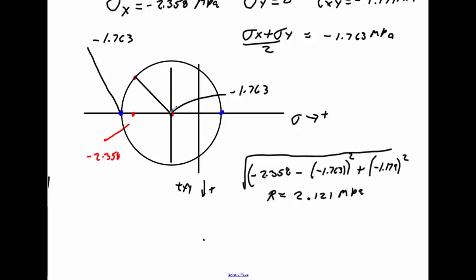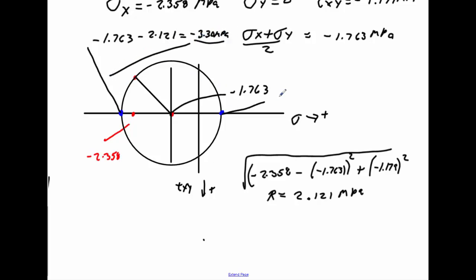It goes from here to here, and now I'm going to go the radius again. So the radius in this case, since we're going to the left, is going to be negative. So I get negative 2.121. I will add those values together there, and I'll get approximately negative 3.30 megapascals. So that's going to be this value right here.